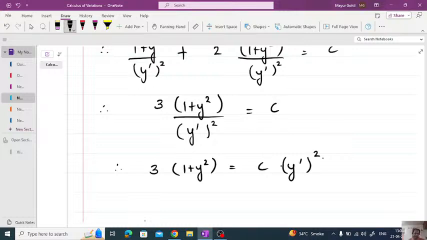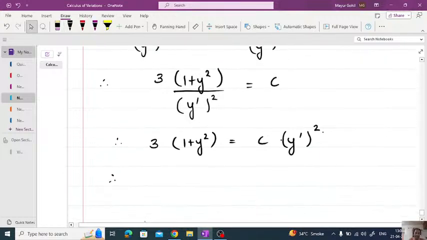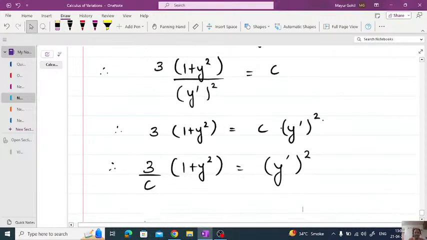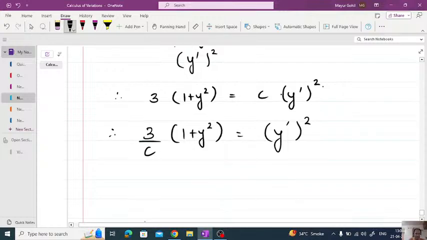And let me see something more that I can do here. I can write this in this manner: 3 upon c times 1 plus y square is y dash square, right? Now I'll say let 3 upon c be some number. Let 3 upon c equal c1, no problem.